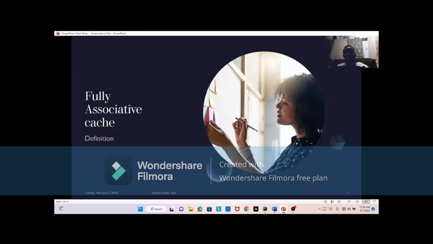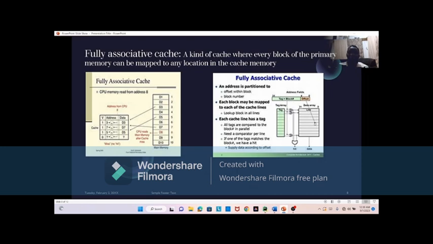We move on to fully associative cache. Fully associative cache is a kind of cache where every block of the primary memory can be mapped to any location in the cache memory.